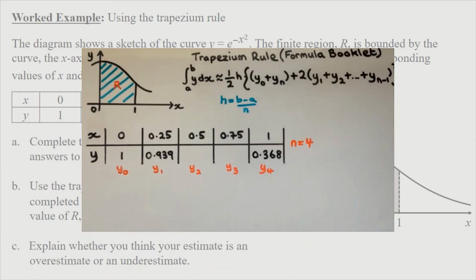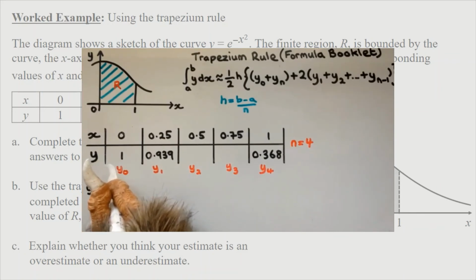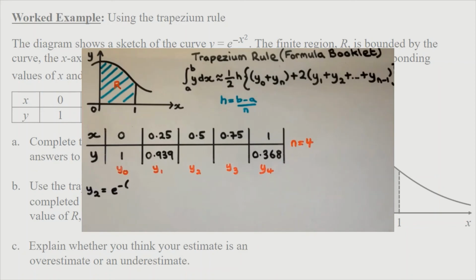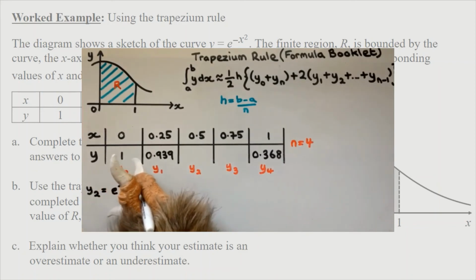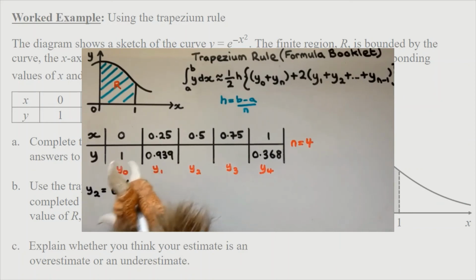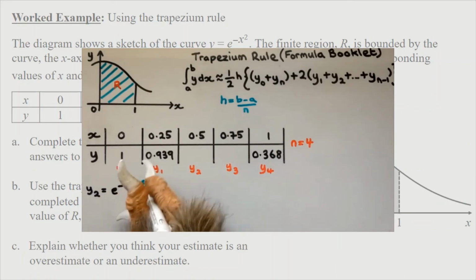Right, let's work out the values. So this is just a bit of calculator work. So y2, we'll do that here. So y2 is going to equal e to the negative, and when we put in our value, which is 0.5, so that's 0.5 for our x value, and that's squared, but squared inside the power, so be careful.